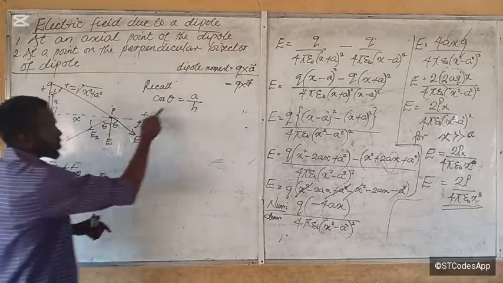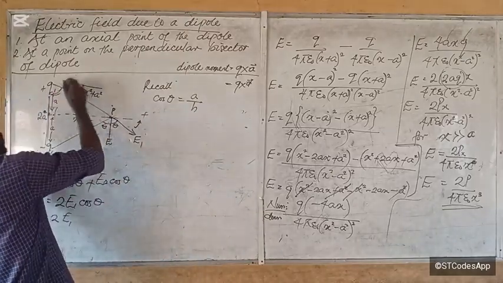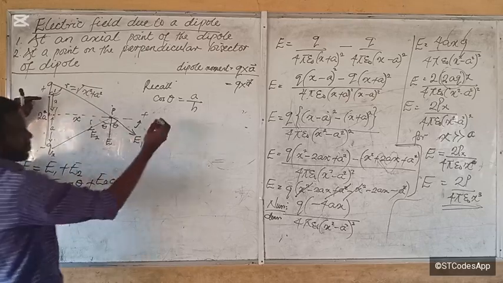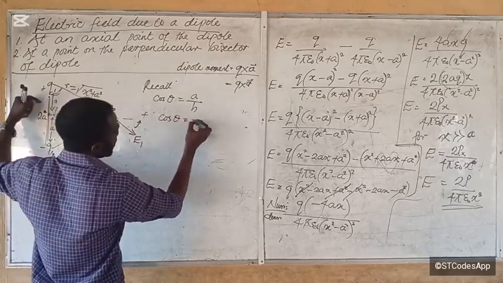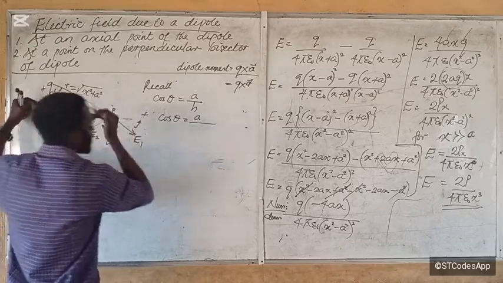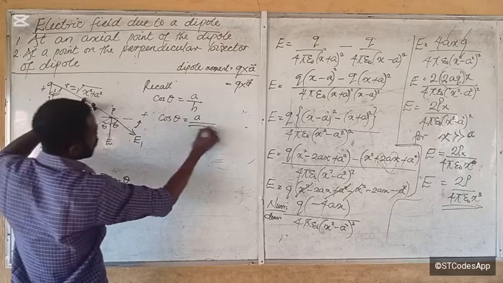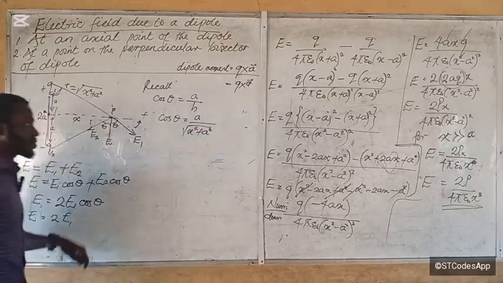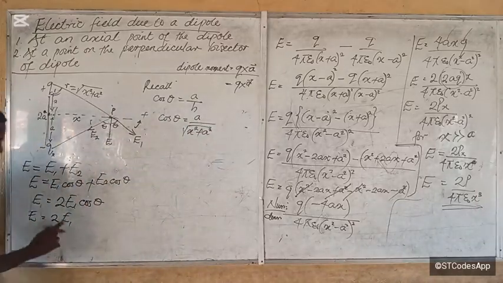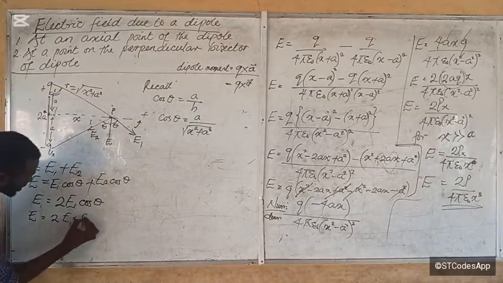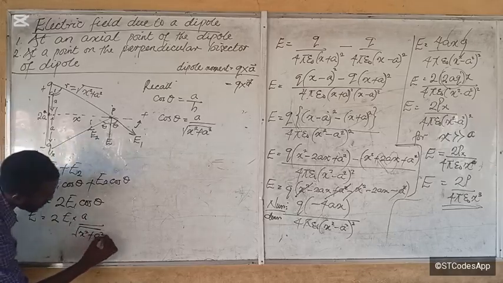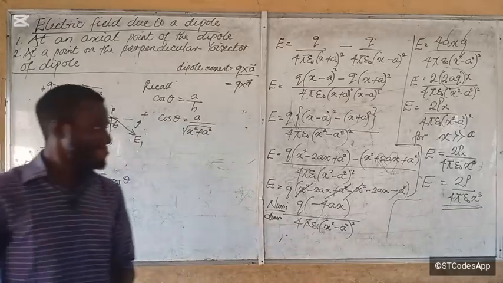So the adjacent is this side, which is A. So cos theta is A over the hypotenuse, which is the square root of x squared plus A squared. We can input that into the equation and multiply by A over the square root of x squared plus A squared.